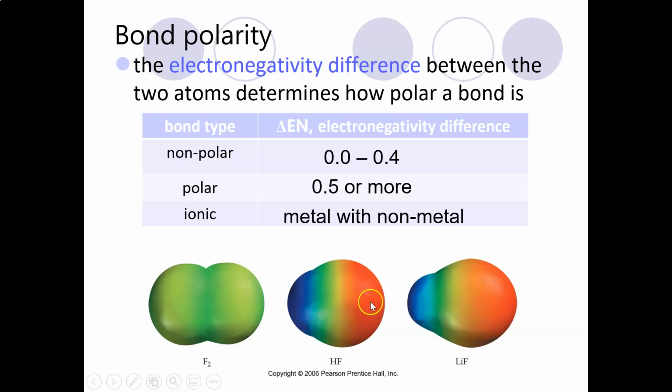So notice that fluorine has more electron density here, but hydrogen still has a reasonable amount. When you get to LiF, which is ionic, you have almost all the electron density near fluorine and essentially nothing around lithium. So the more red you have, the less blue you have. The blue is low electron density, the red is high electron density.